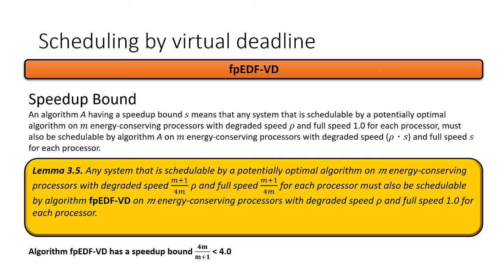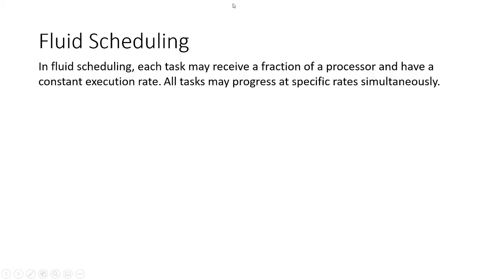We also have another approach, MCFFR, based on idealistic fluid scheduling. In fluid scheduling, each task may receive a fraction of a processor and have a constant execution rate, even if the number of tasks exceeds the number of available processors.